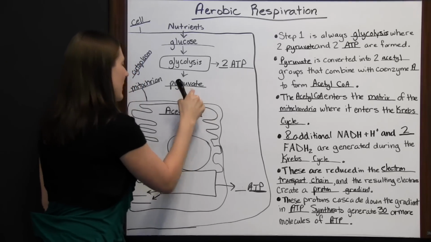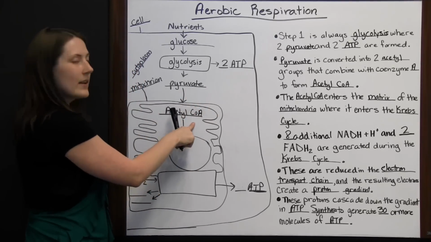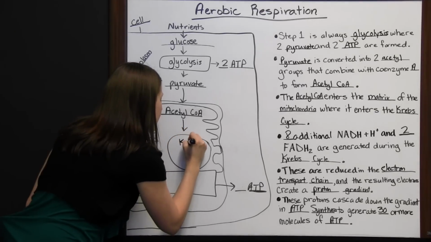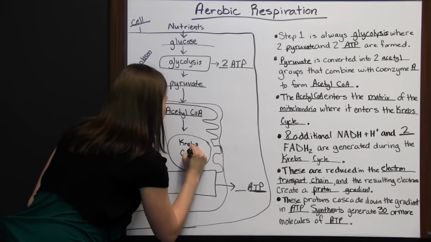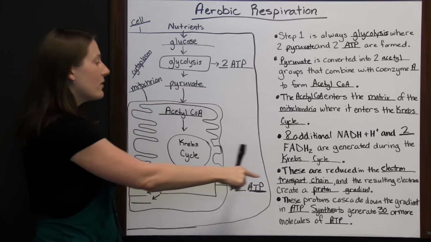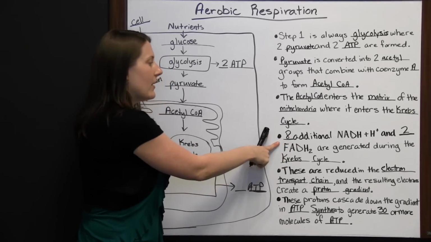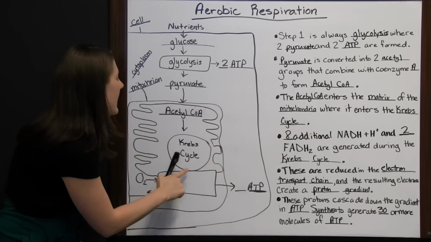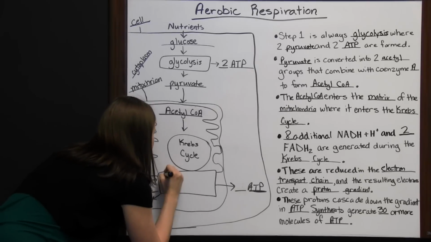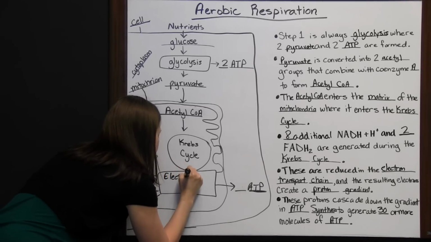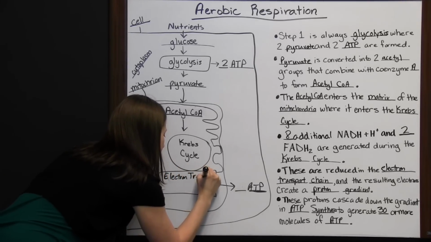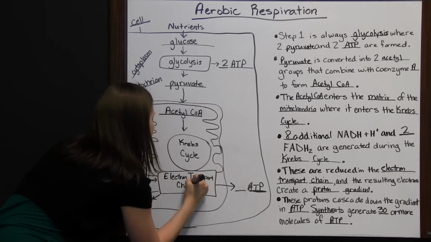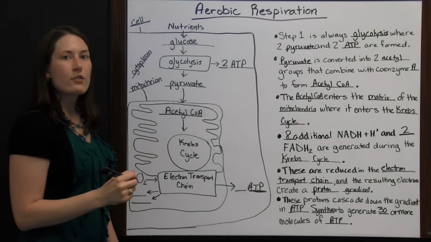acetyl-CoA that we got from the pyruvate is going to go into the matrix of the mitochondria and enter the Krebs cycle. During the Krebs cycle, we're going to get these molecules we talked about, our hydrogen-rich NADH and our FADH, and they're going to enter the electron transport chain. And as they are reduced, they form that proton gradient.